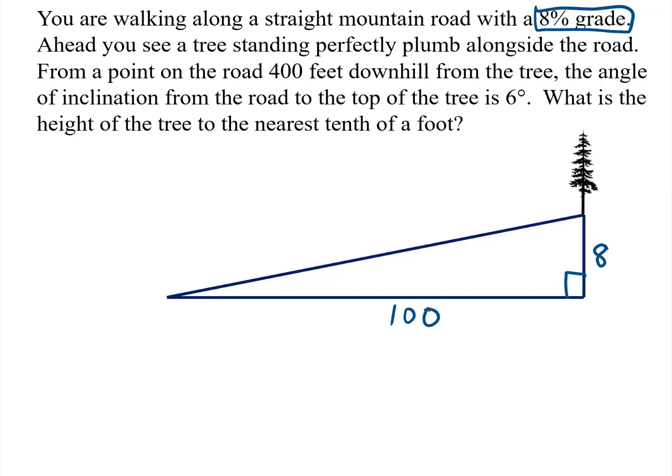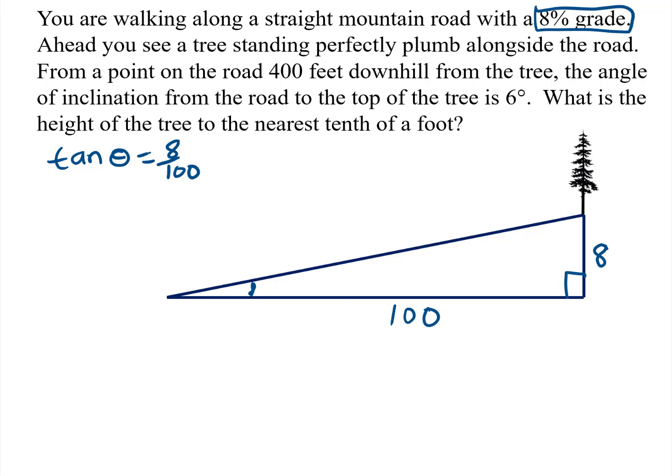And so we could use that to determine this angle right here, because we do have a right triangle, and so we can see that tangent of, we'll call that angle theta, is going to be 8 over 100. So let's get the calculator and figure out what theta would be.